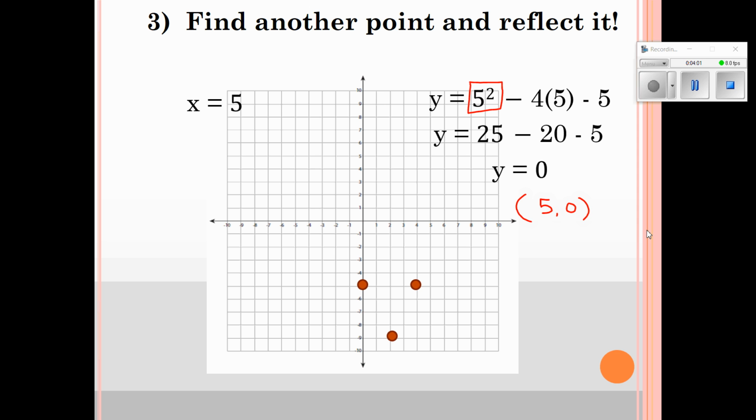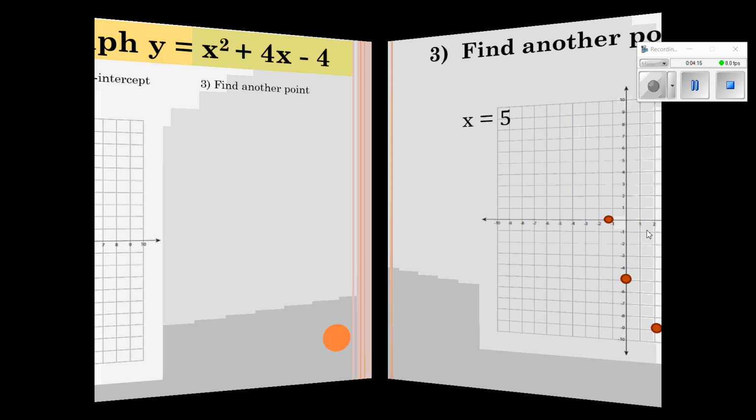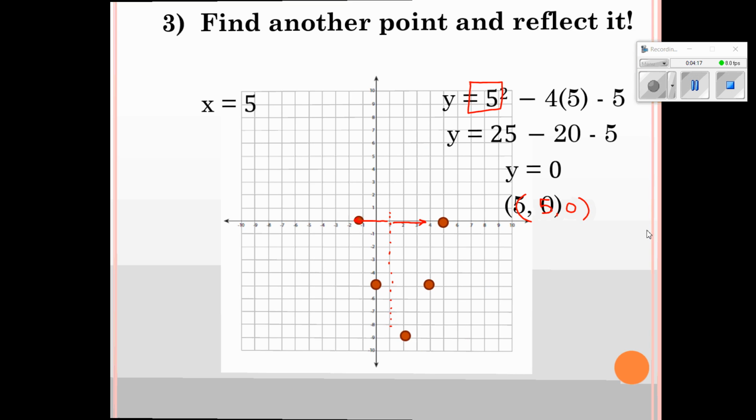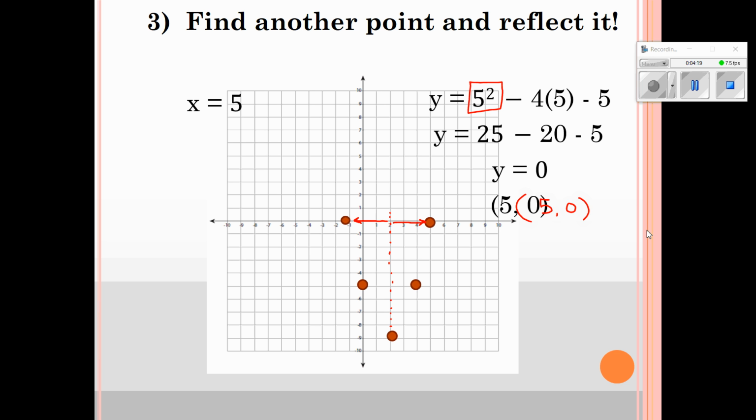If we put a point at (5, 0), we can also reflect it over the axis of symmetry. Since it's 3 to the right of the axis of symmetry, we can reflect it 3 to the left. Now we have 5 points. And I'm going to go back here because we are not done until we draw arrows at the end. Remember, it's going to look like a U going up.